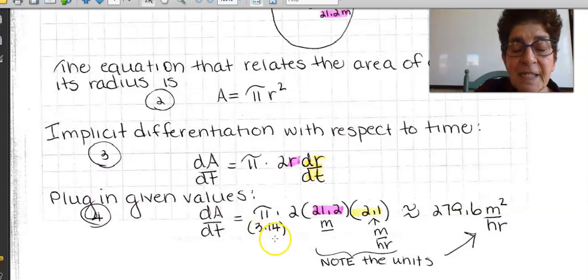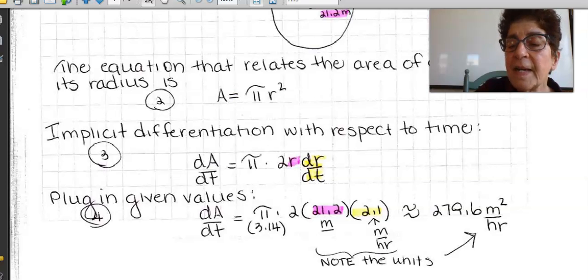Pi is dimensionless, no units. The radius is in meters, and the rate of change is in meters per hour. Notice the 2 meters in the numerator multiply together to give you meters squared per hour, which is the right unit for the rate of change of an area.